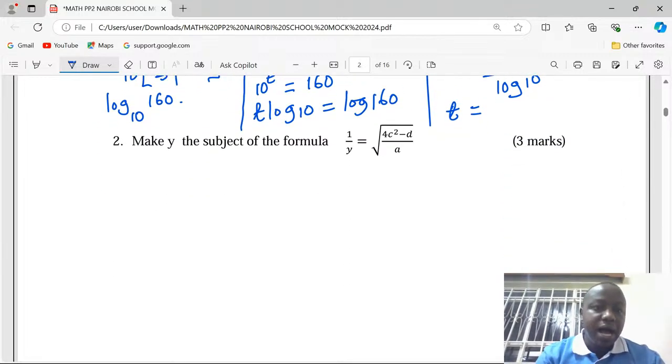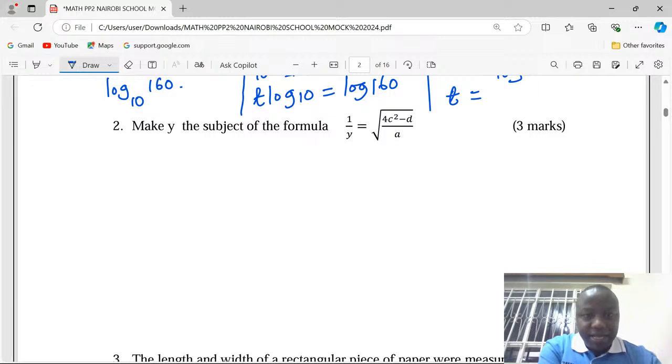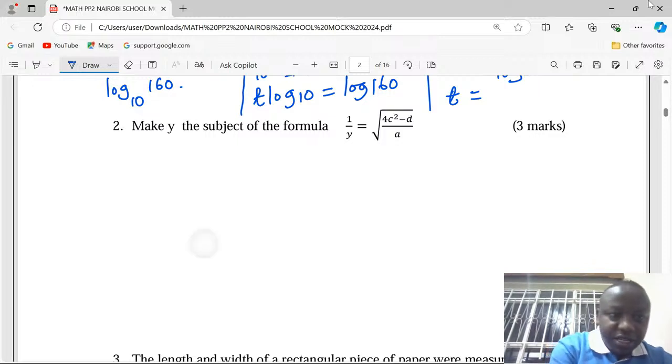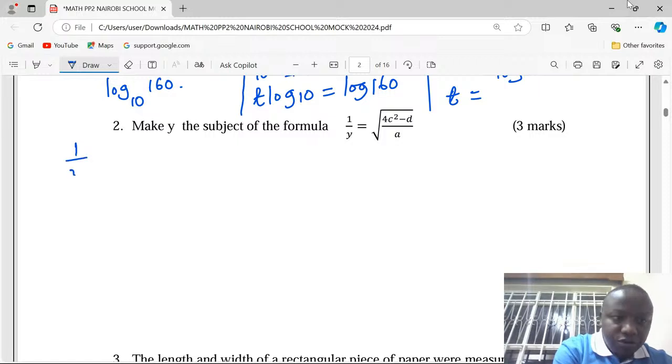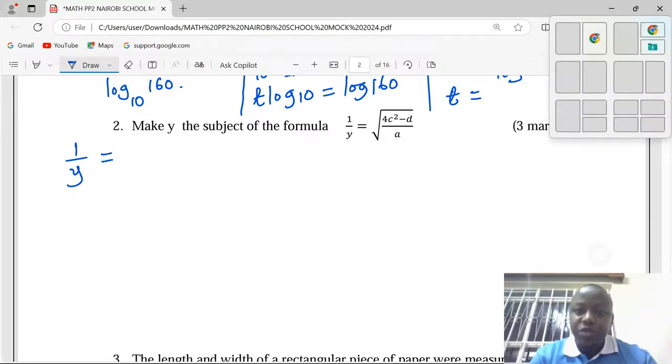Let's check number 2. Make y the subject of the formula. The formula itself is 1 over y equivalent to the square root of 4c squared minus d, divided by a.